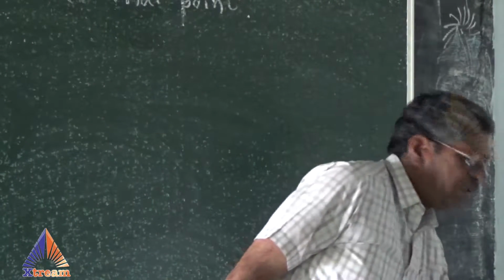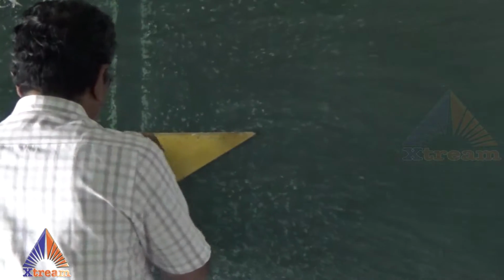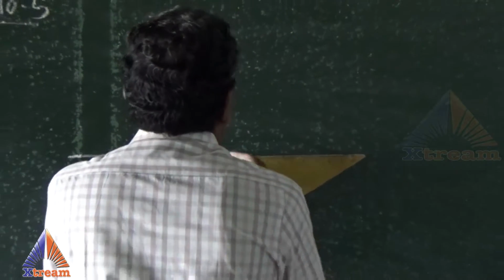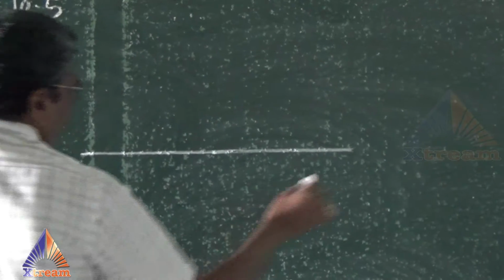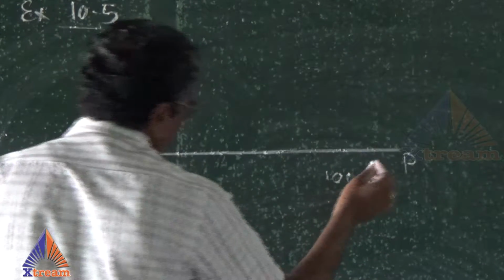First, draw the line OP as usual. There is no change at all. Now it is very simple. Draw the line OP equal to 10 centimeter.